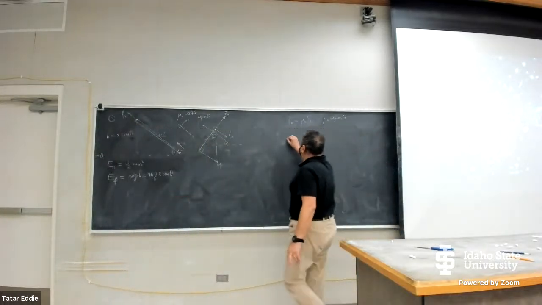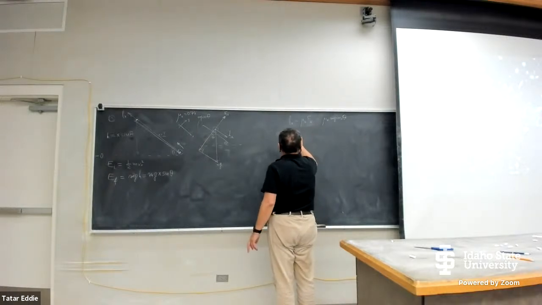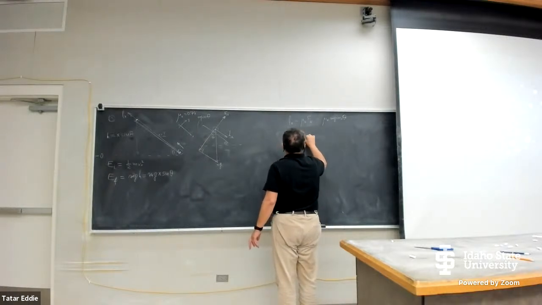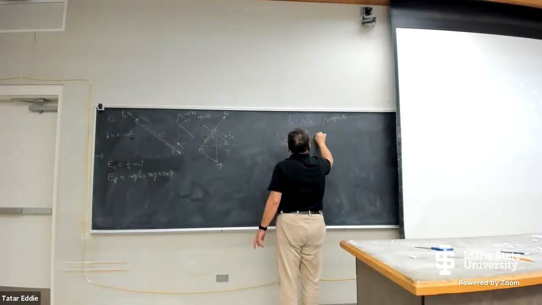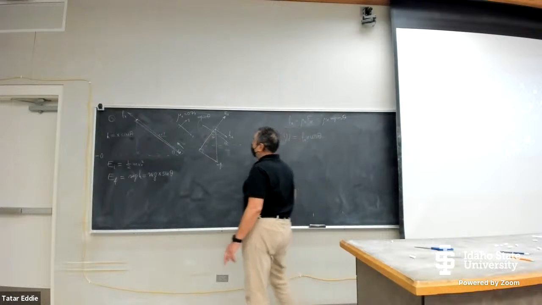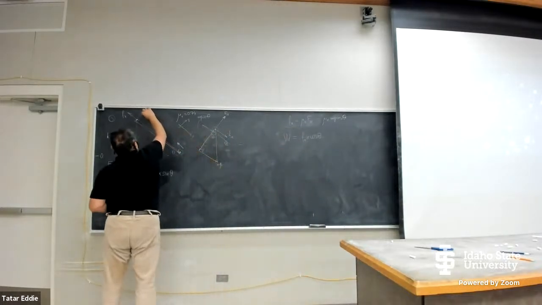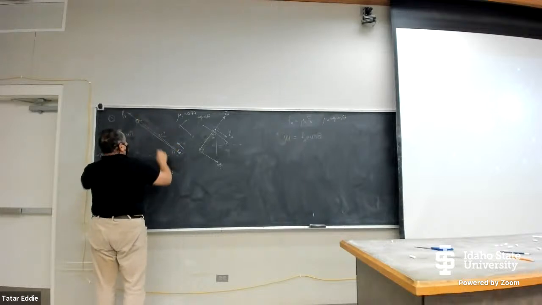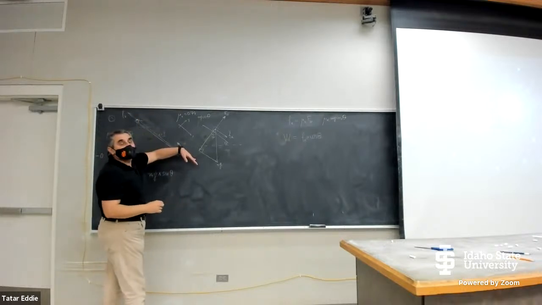The work done by the friction force is going to be the friction force, again, multiplied by the displacement, again multiplied by the cosine of the angle theta. Now look, the displacement now is this way, right? The friction force is again in the opposite direction, downward.